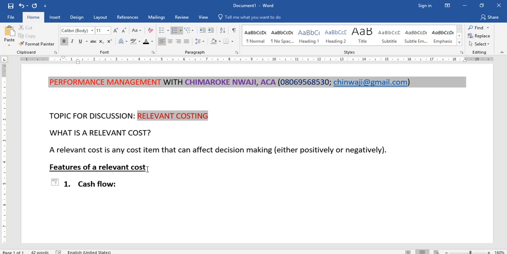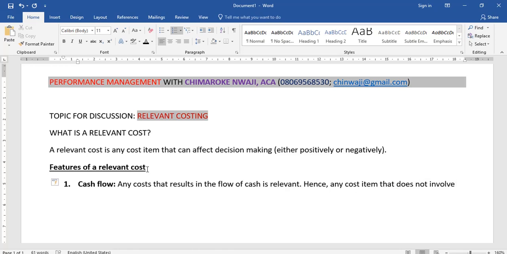So any cost that results in the flow of cash is relevant. Hence, any cost item that does not involve the actual flow of cash is irrelevant.